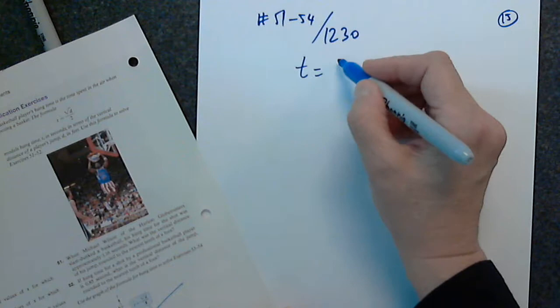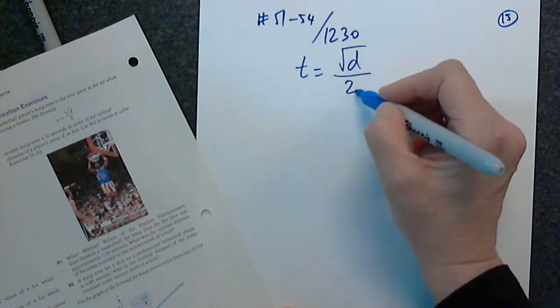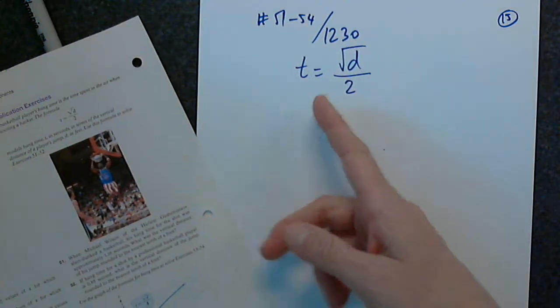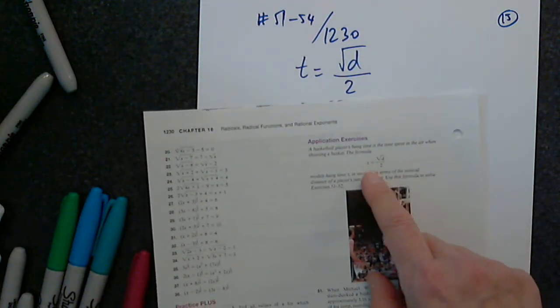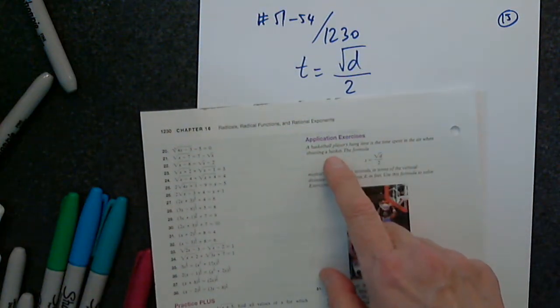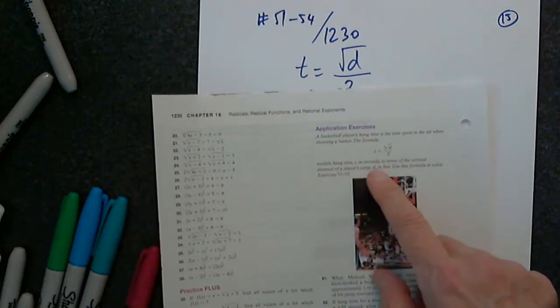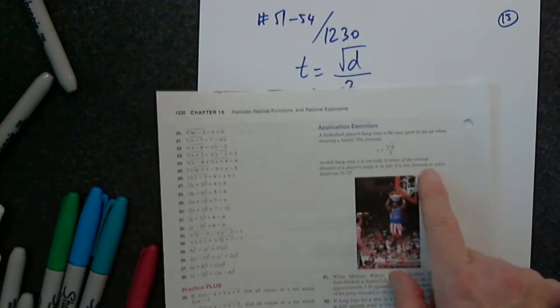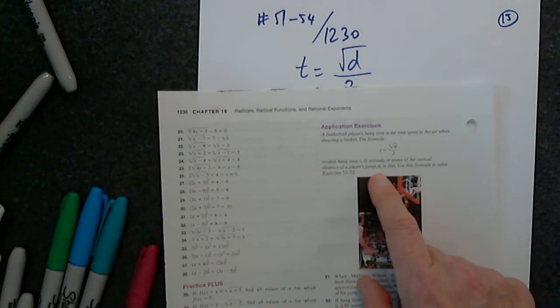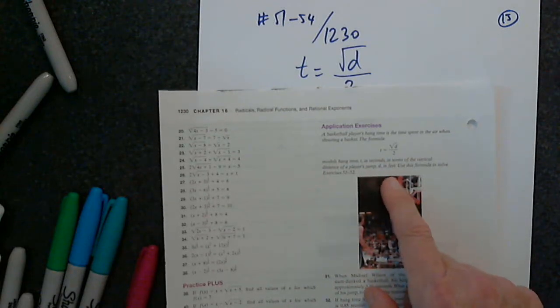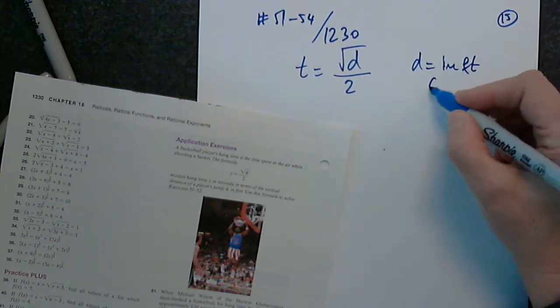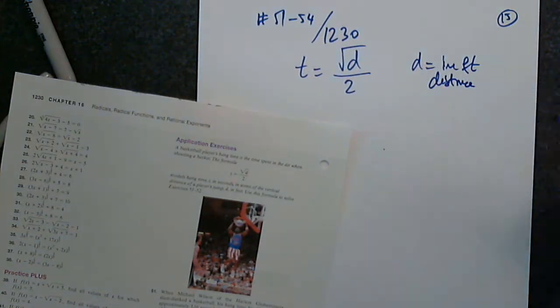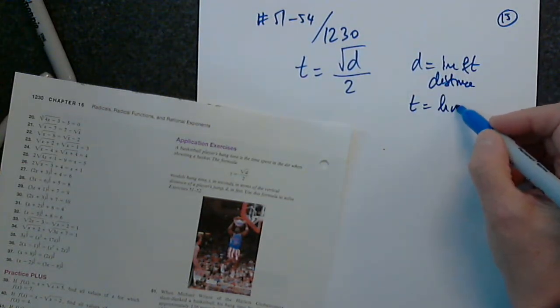So we are given T equals the square root of D divided by 2. T is the hang time, the time spent in the air, in seconds, and D is the vertical distance of a player's jump, the distance in feet up in the air.